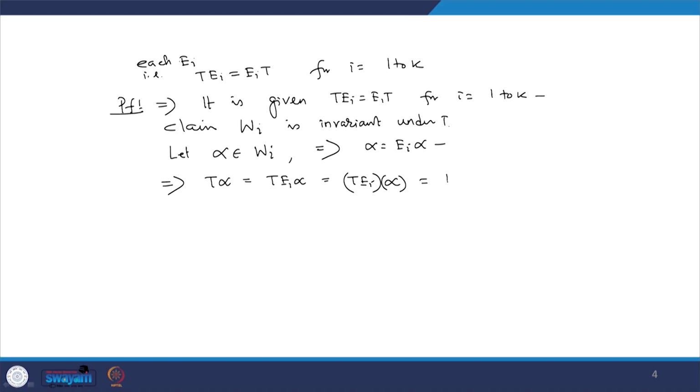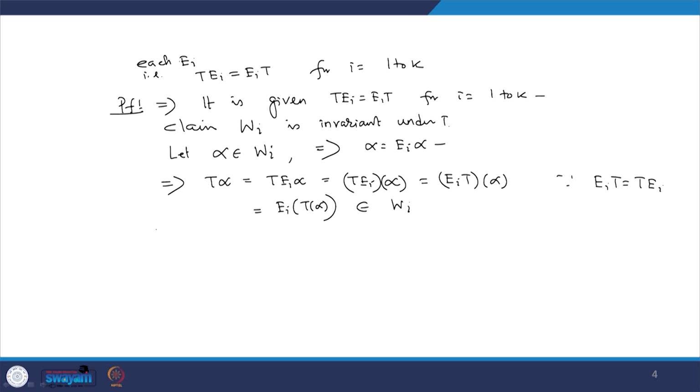So, I can write down E_i T operating on alpha, since E_i T equal to T E_i, it is given to us. So, I can write down T alpha is equal to E_i T operating on alpha. So, this is equal to E_i of T of alpha. So, certainly this will belong to W_i.